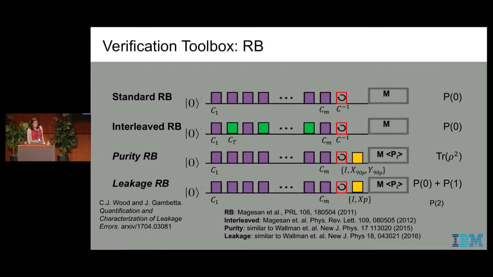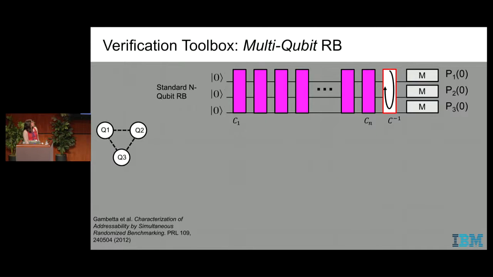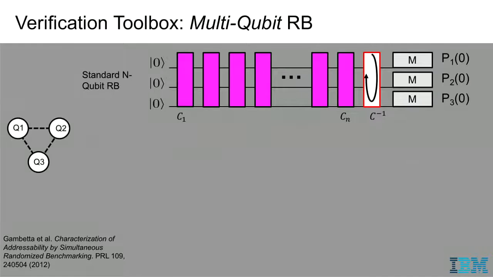Some of the verification toolbox that we have discussed are randomized benchmarking. So we have the standard RB and interleaved RB. I didn't talk about purity and leakage, but these are all standard randomized benchmarking that you could run on a single qubit. And for multi-qubit, you could run the standard n-qubit RB. I've done a 2-qubit RB, but you could think about doing a 3-qubit RB.